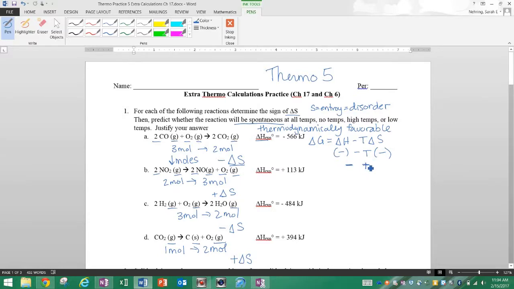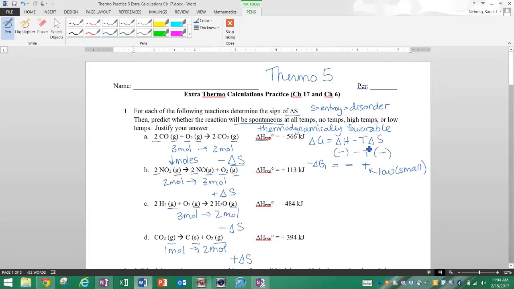So when you add these up, this could sometimes be negative or sometimes be positive, depending on how big these numbers are. In order for this to give you a negative G value, we would want the positive number to be small, smaller than the negative value.